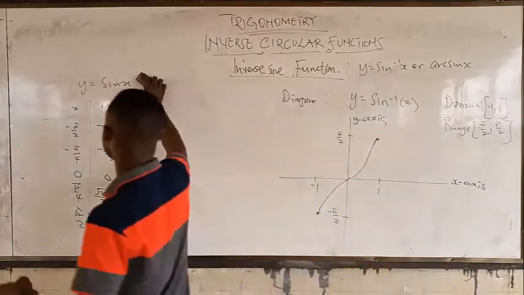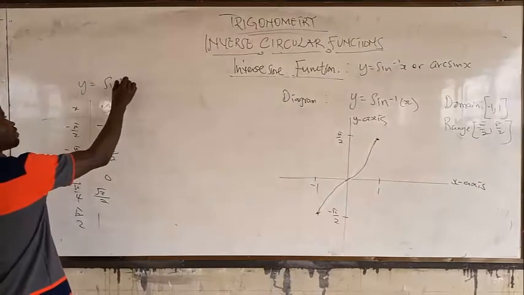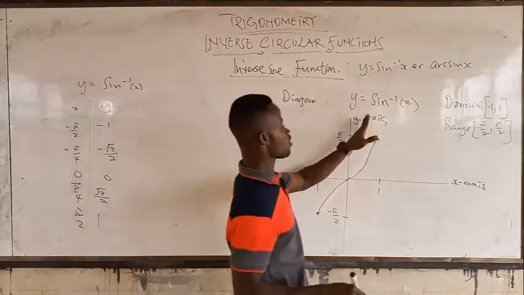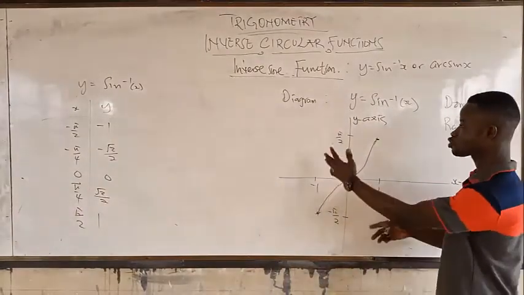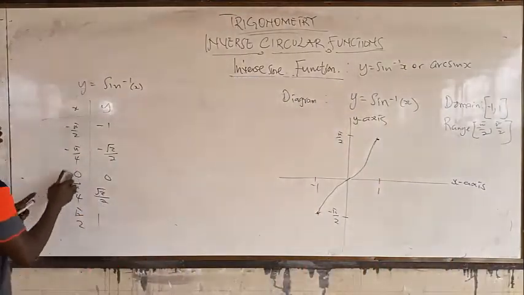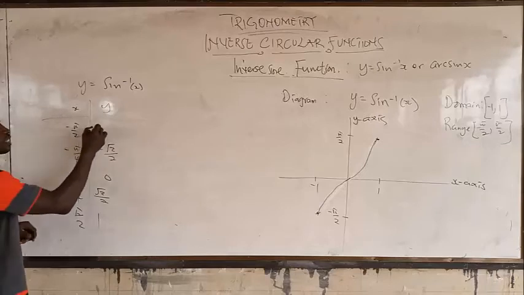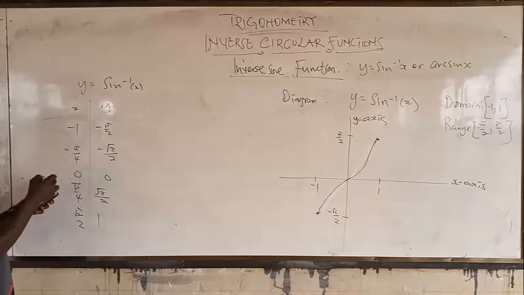Now, for sin inverse, since we are saying that the y will maintain, the x will maintain, but the values will just change. This means that for the graph, instead of writing negative 1 here, here will become negative pi on 2, here will become negative 1.